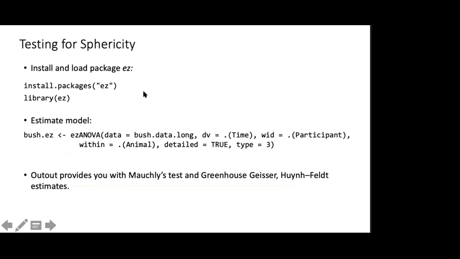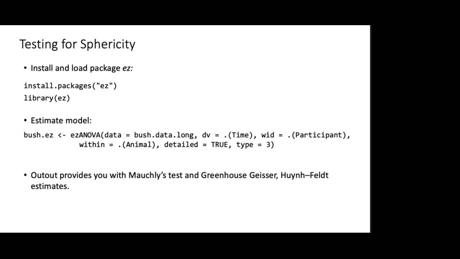And if you want to test for sphericity, it's not that easy actually in R, because your standard method for running an ANOVA, so your lm, for example, does not provide you with such a test. It is implemented though in a package called ez.